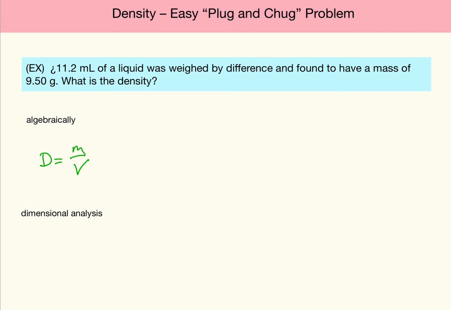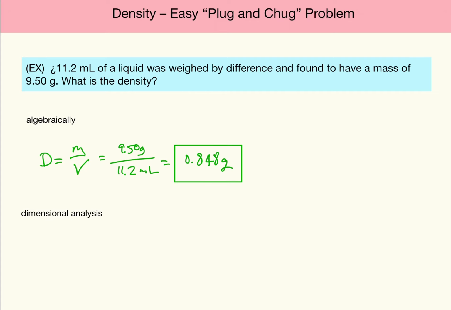So essentially, you're using an algebraic equation, but you don't have to do any algebra. So here we go. What's the mass? 9.50 grams. What's the volume? 11.2 milliliters. And when you divide those out, you get 0.848 grams per milliliter.